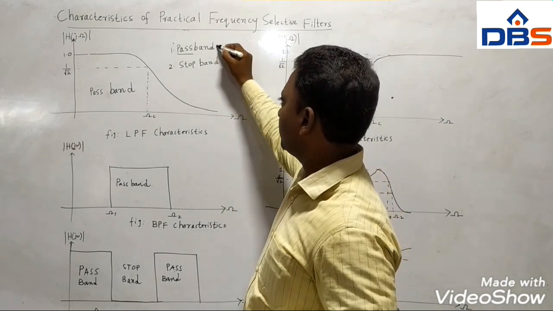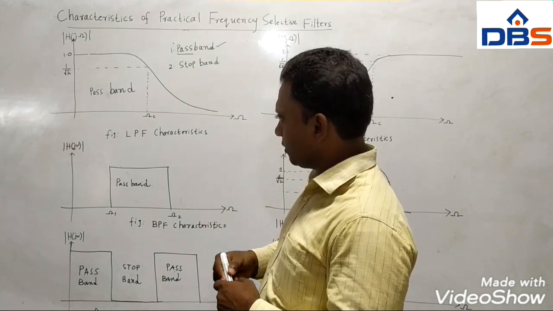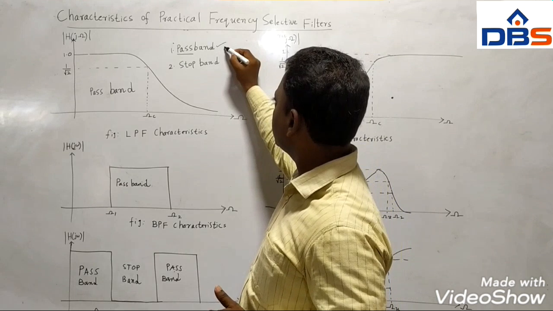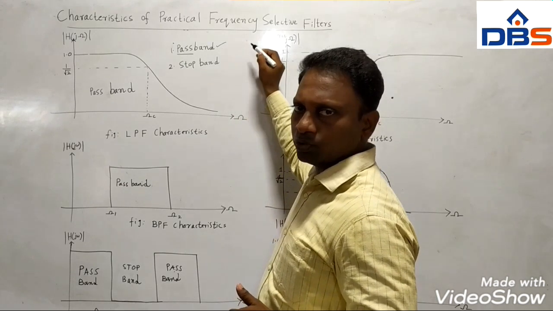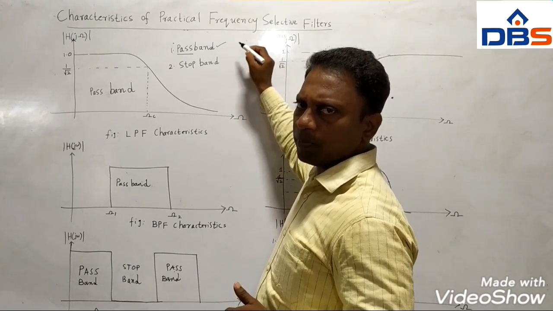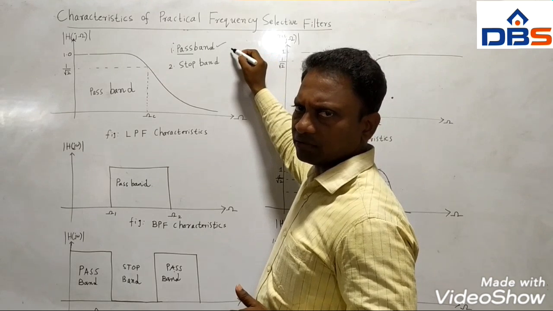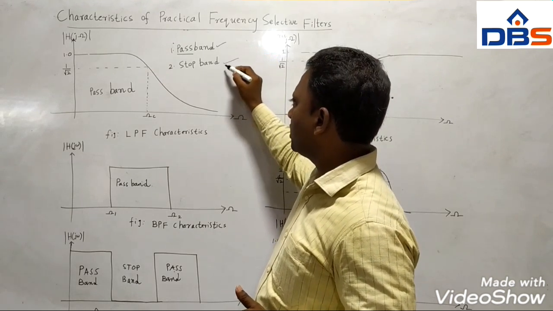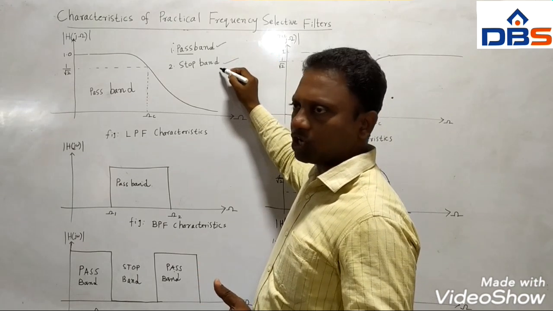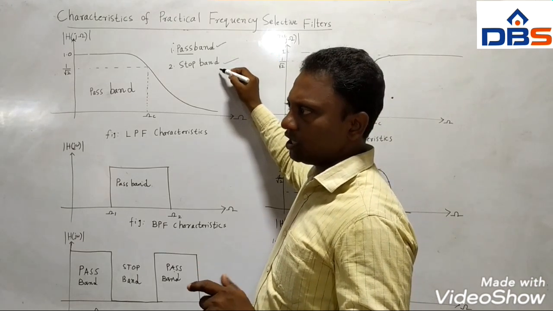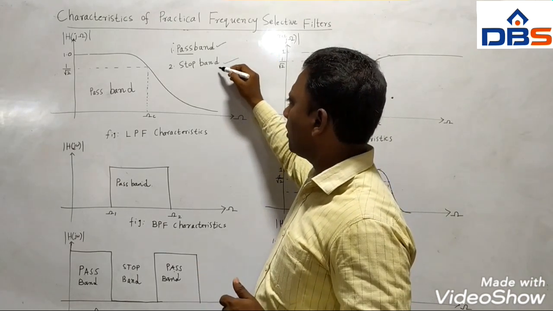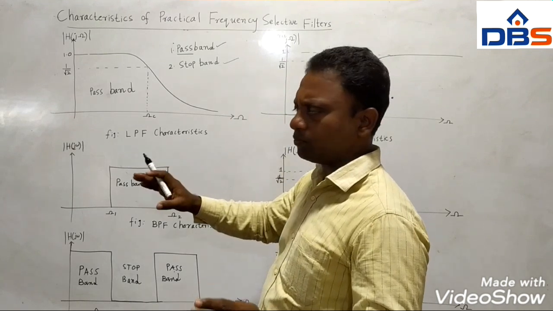Pass band means the range of frequencies which are allowed to the output by applying some frequency at the input side. And stop band means the range of frequencies which are blocked or suppressed by the system when you apply them at the input side.